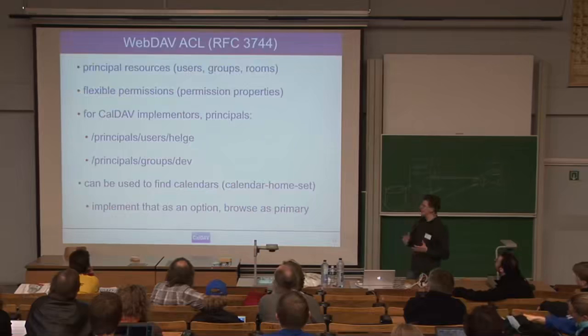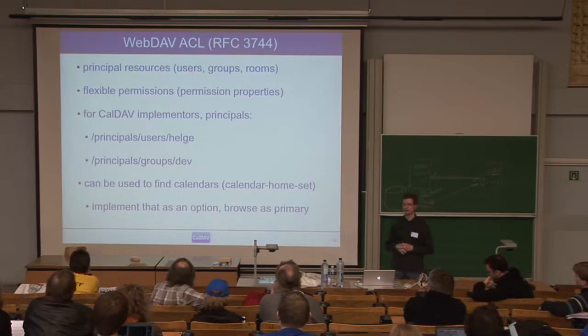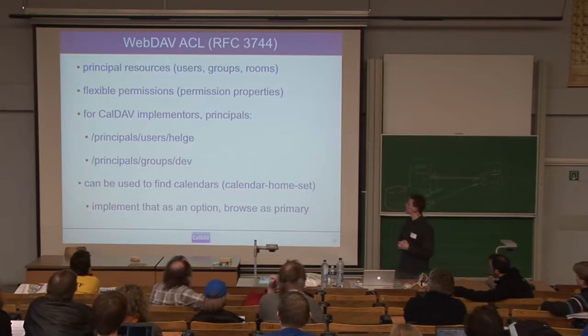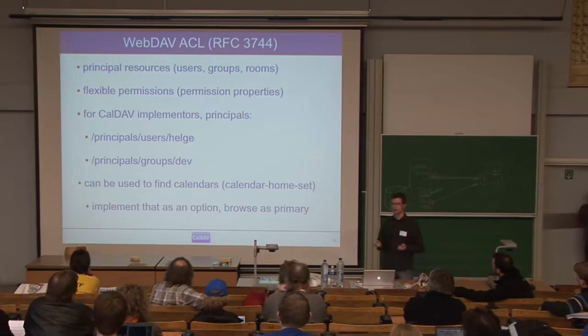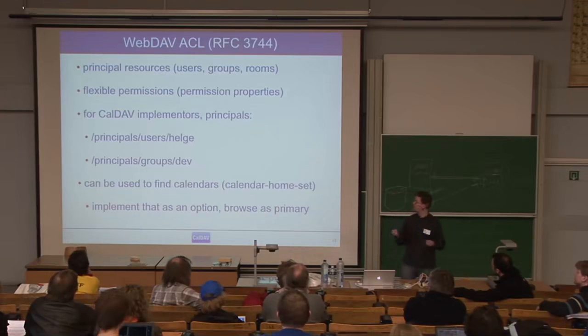What else? For CalDAV, just below CalDAV, there's also another extension to WebDAV, which is WebDAV ACL. That's access control. Most important for CalDAV are so-called principal resources. Principal resources are just a standard for representing an account in a calendaring system. So you actually get a URL, for example, principals/users/Helga, which represents that account.